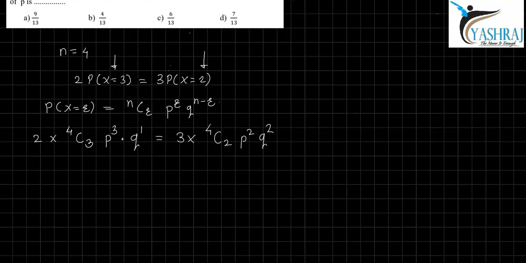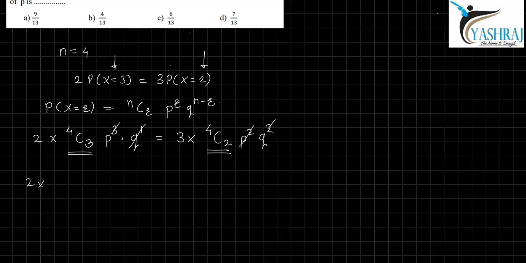Now we are trying to evaluate 4C3 and 4C2 here, while one of the q from both sides and p square from both sides get cancelled.